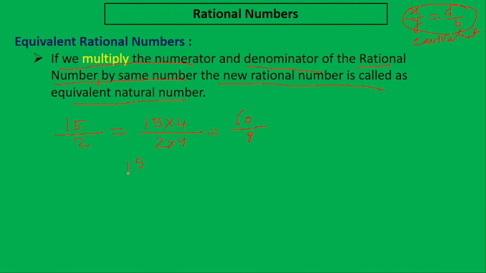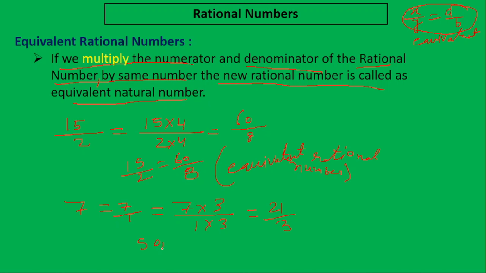So 60 by 8. So 15 by 2 and 60 by 8 are the same because we have multiplied by the same number. So these are equivalent rational numbers. You multiply by equal things in the numerator and denominator, things are the same. The rational number will be the same.